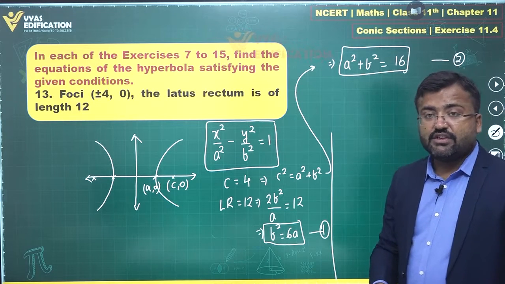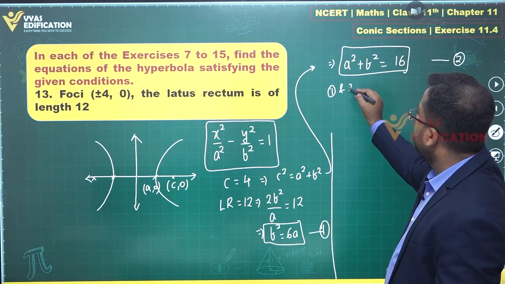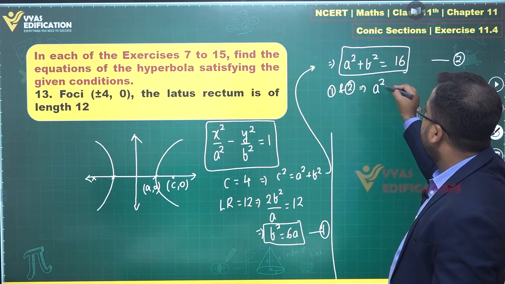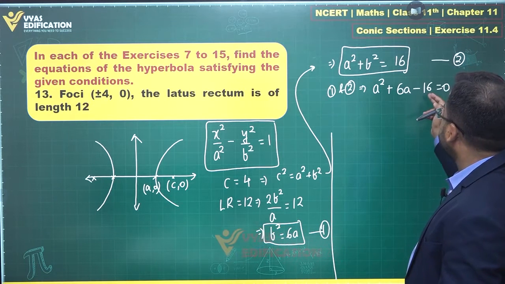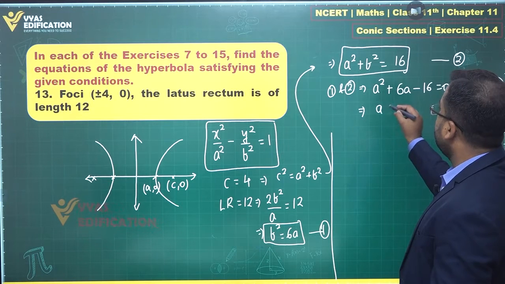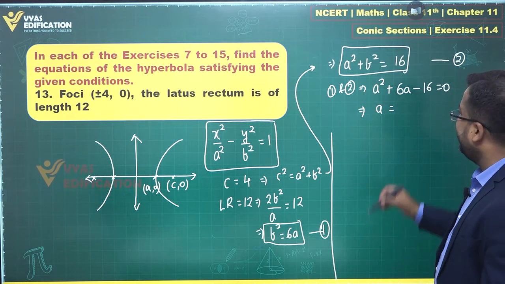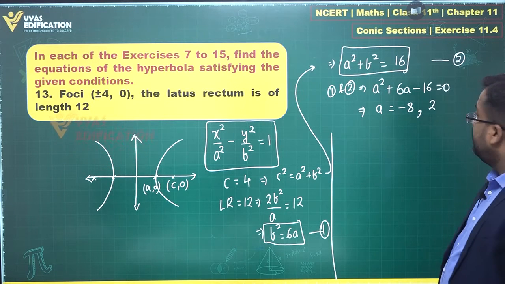Can we find the values of A square and B square? Yes. B square can be replaced by 6A over here, and this can be factorized as 8 and 2, plus 8 and minus 2. So A will be equal to minus 8 comma 2. This is what you'll have, right?